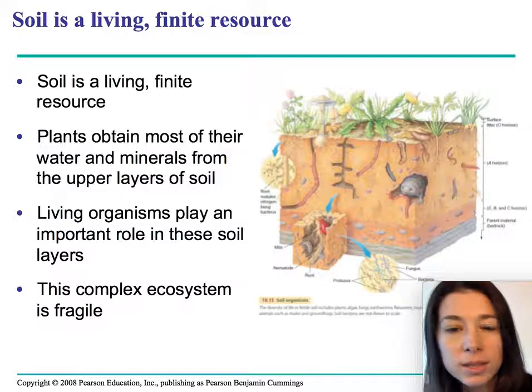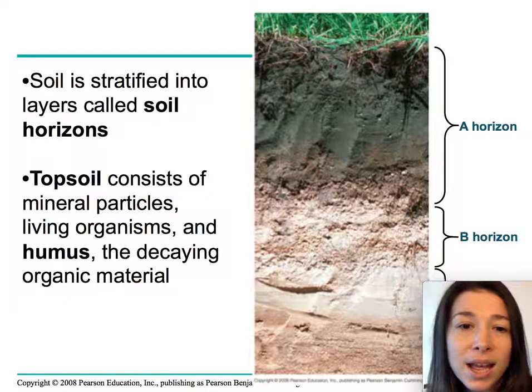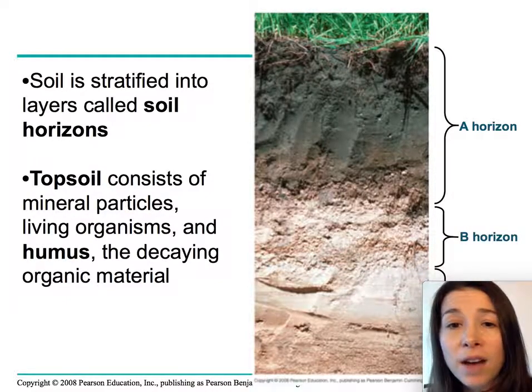This ecosystem is fragile. Soil is stratified into different layers. So we can call these horizons, and the top layer has a lot of nutrients typically.